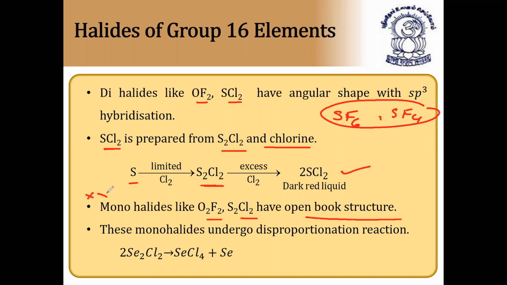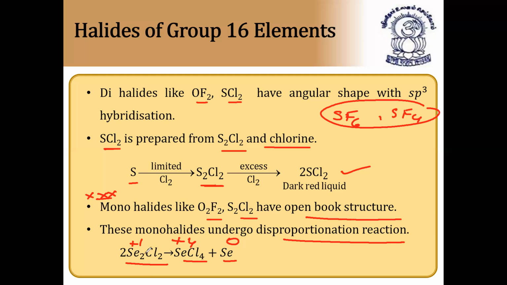All these are very important. Monohalides, that is O2F2 and S2Cl2, have open book structure. These monohalides undergo disproportionation reaction. So Se2Cl2 gives SeCl4 and Se. Here the oxidation state of selenium is 0, here it is +4, and here it is +1. So +1 changes to +4, that is an increase in oxidation state, and +1 changes to 0, that is a decrease in oxidation state.